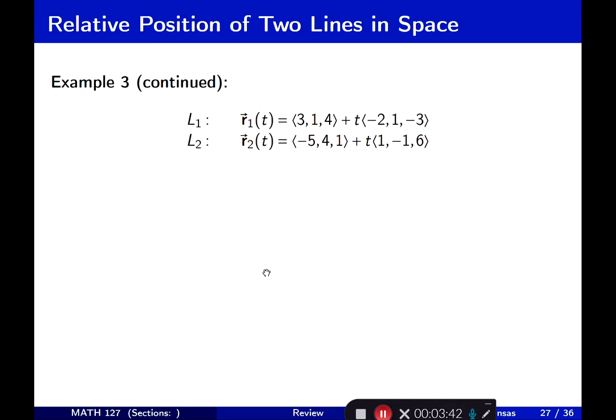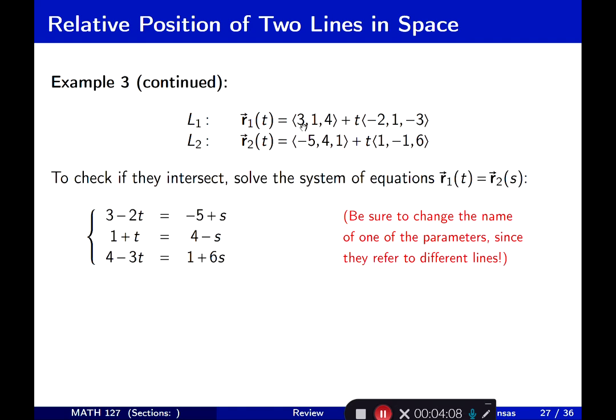Now what remains is whether these two are intersecting or not. Remember, the t in one line, for the same point, can be different from the t in the other line. So the best way to deal with this is to switch one of the t's to another variable. You take the x value for L1, which is 3 minus 2t, and set it equal to the x value for L2, using s instead of t.